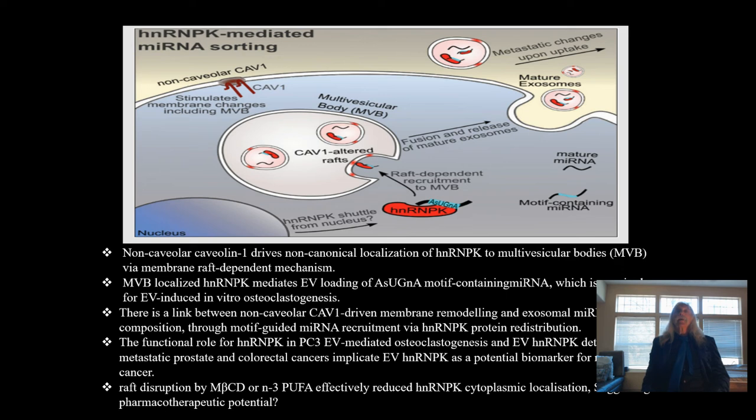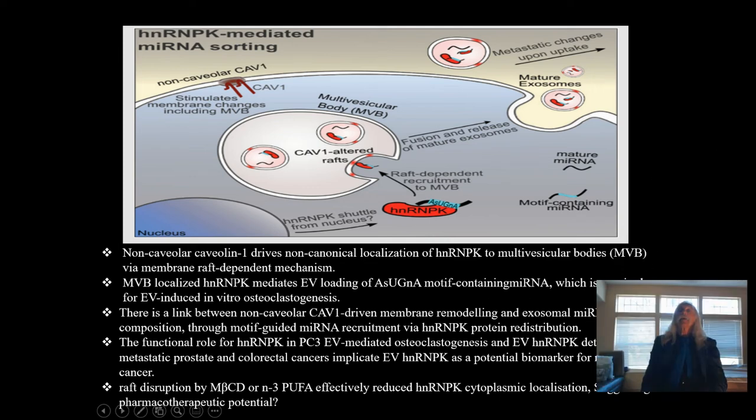There is a link between non-caveolar CAV1-driven membrane remodeling, that's what's going on here to make these MVBs, and the exosomal microRNA composition, specifically this microRNA, the one we just mentioned, right? That 148.